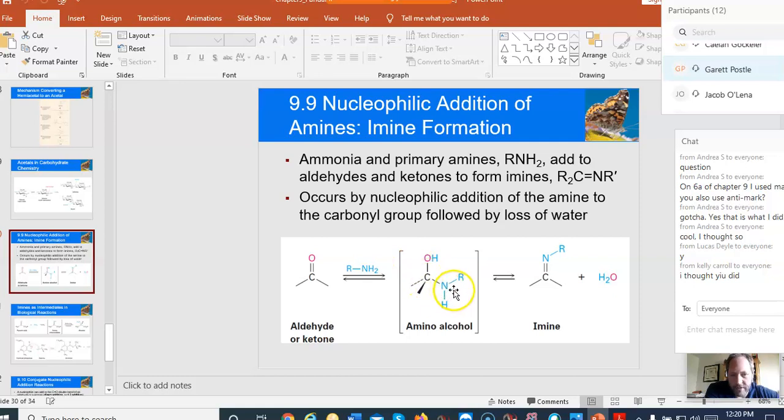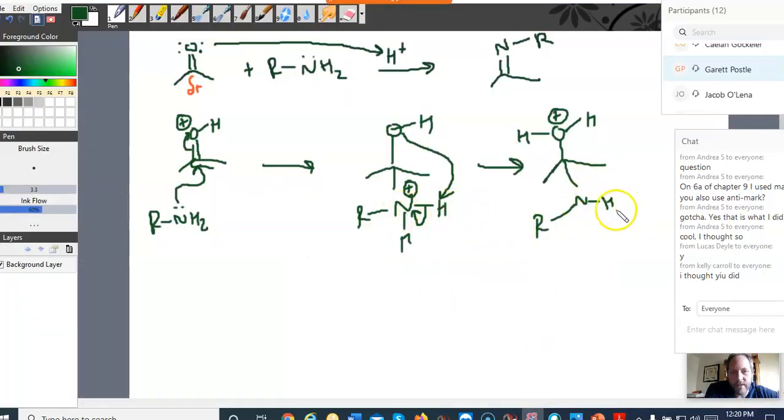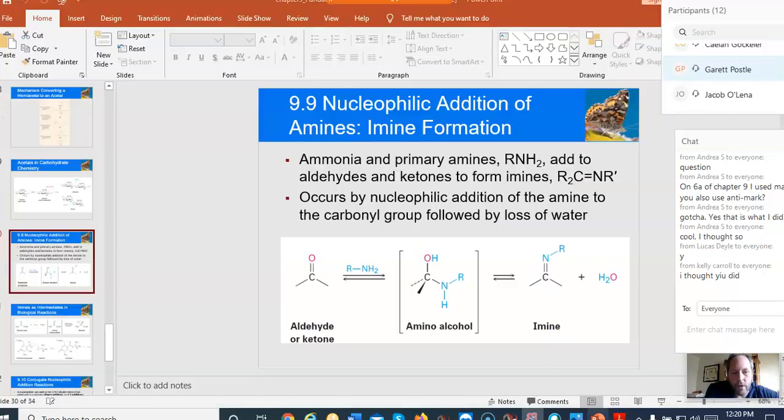But notice I have a nitrogen with a hydrogen and R group attached to a carbon with an OH. In this case, same thing, nitrogen with a hydrogen and R group, but rather than the OH, I have the water. They really aren't showing that mechanism very well, but there technically should be an equivalent of H plus hanging off of that oxygen over there.